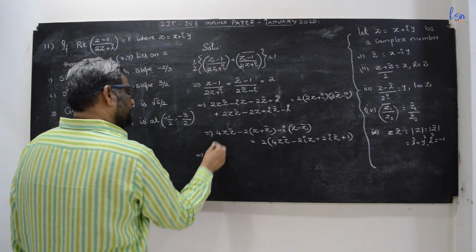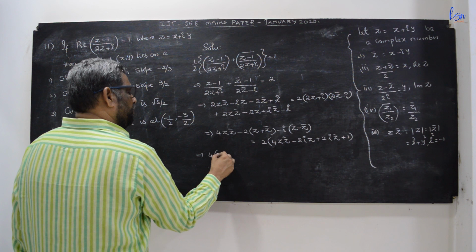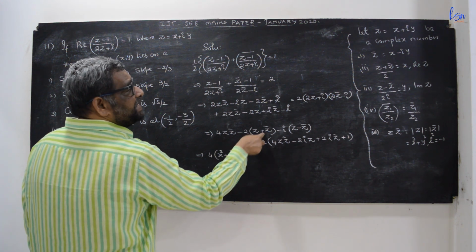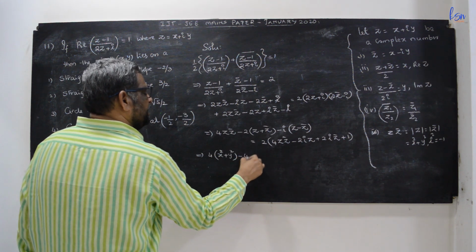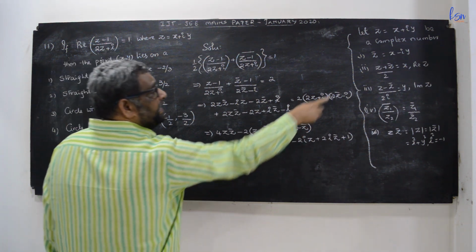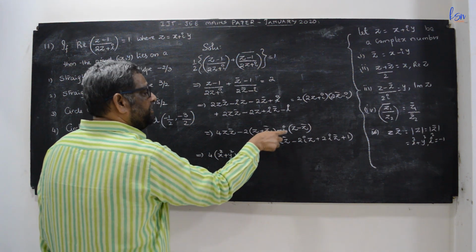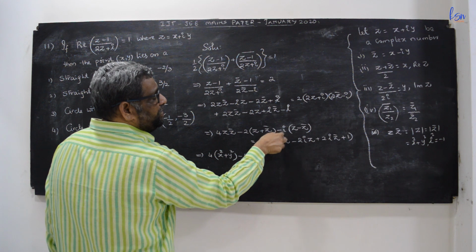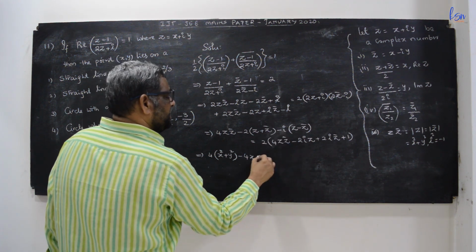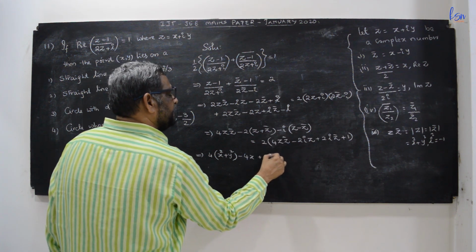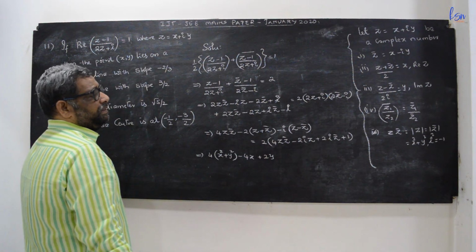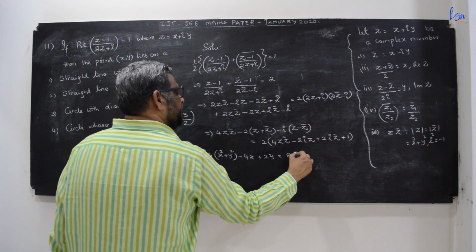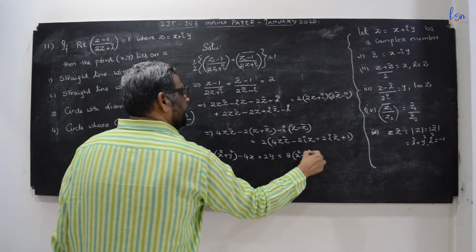So this is otherwise 4(x² + y²) − 2(z + z̄) = 2(2x) = 4x, and −i(z − z̄) = −i(2iy) = 2y. What is 2iy into i? It is 2i²y, giving 8(x² + y²).